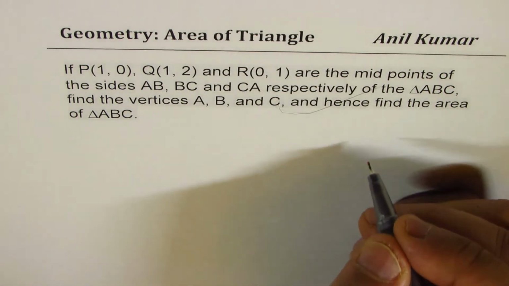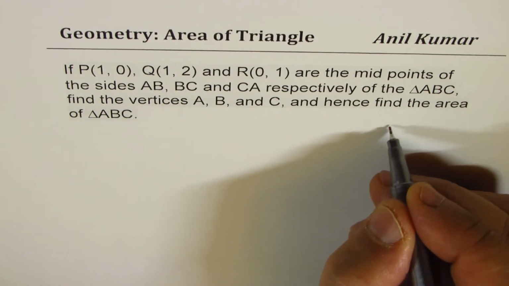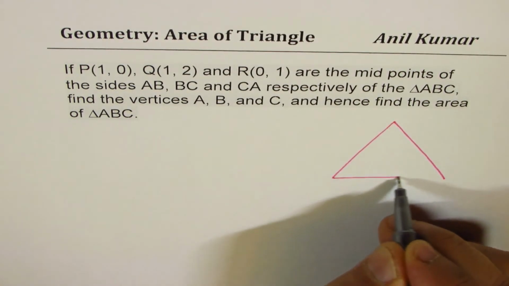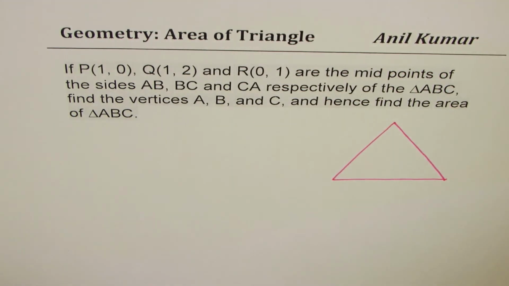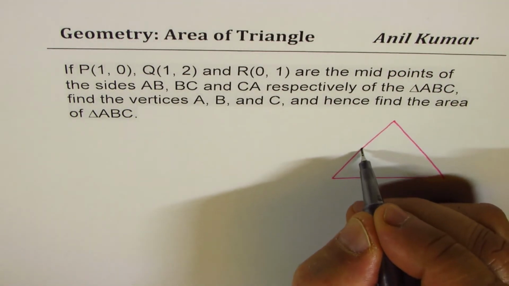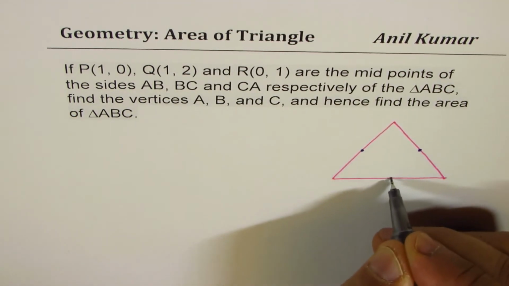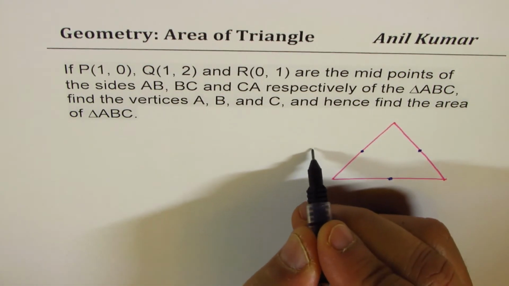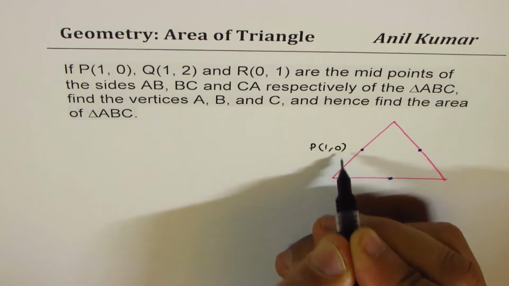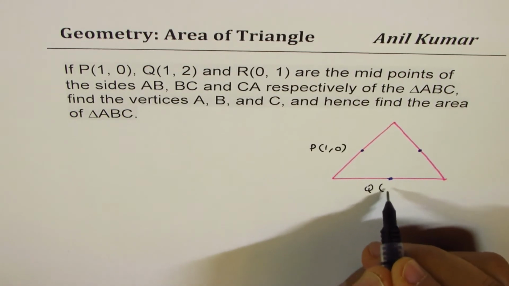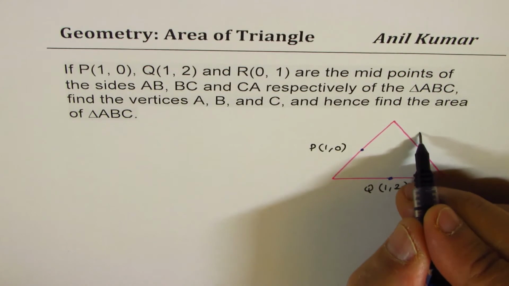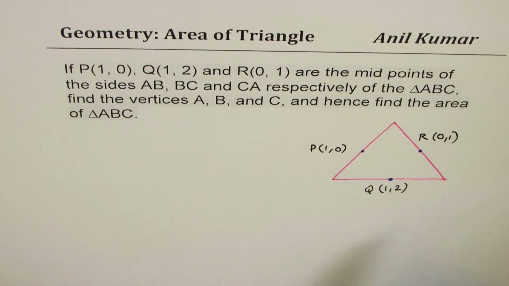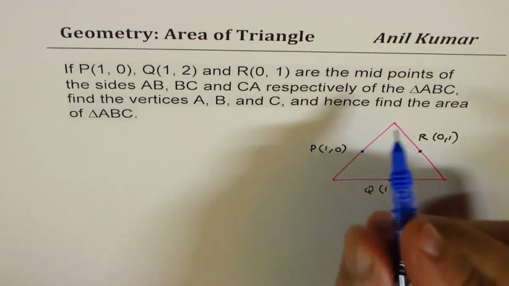So this time what I've done is I have a triangle here, and I'm giving you the midpoints. Again, taking very simple values. P is (1, 0), Q is (1, 2), and R is (0, 1). You have to find A, B, C. That's the question for you.